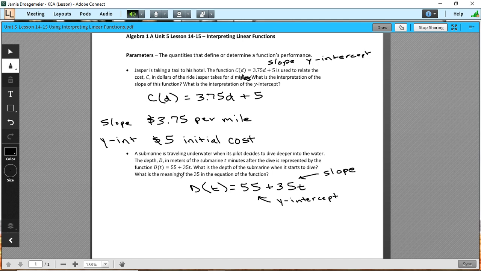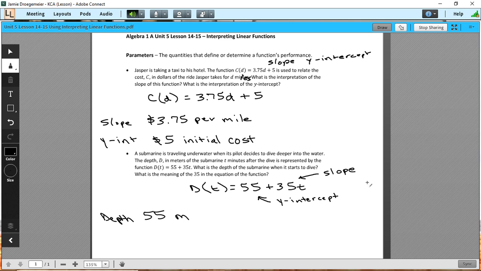All right, so that 55, that's telling us that when the time is 0, that's what our depth is. So 55 is the depth in meters before they start that dive.